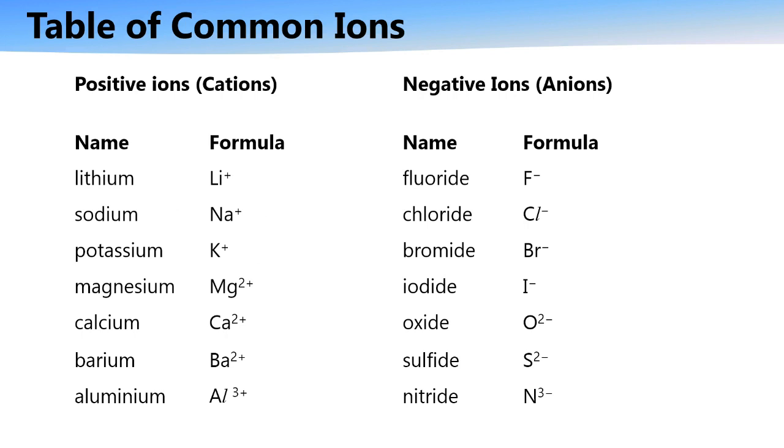Right, now we shall look at the table of common ions. These are the simple ions that usually come out in our compounds and in exam questions. I've grouped them under positive ions and negative ions. You can download this file under the reference section of this lesson.